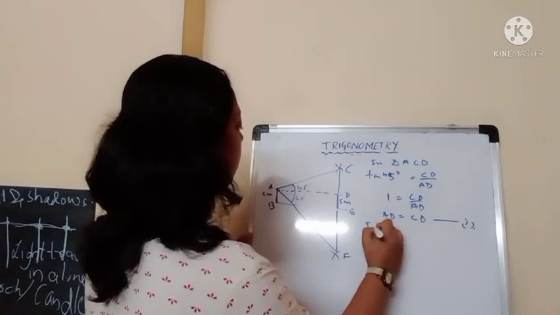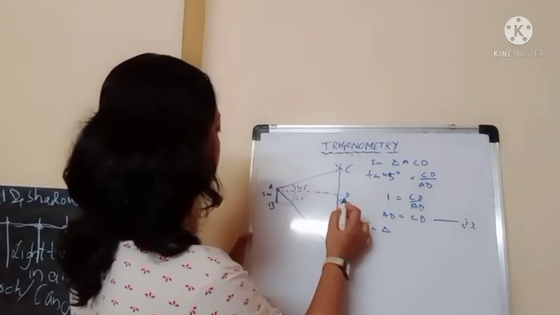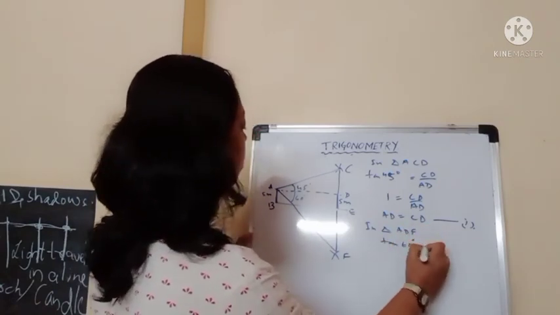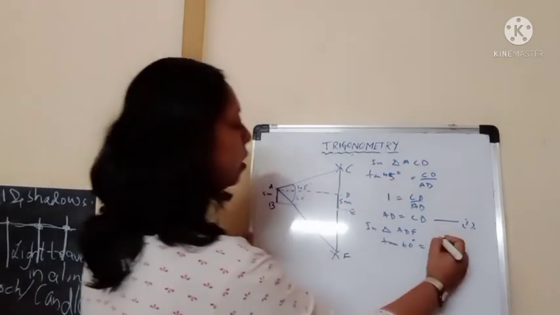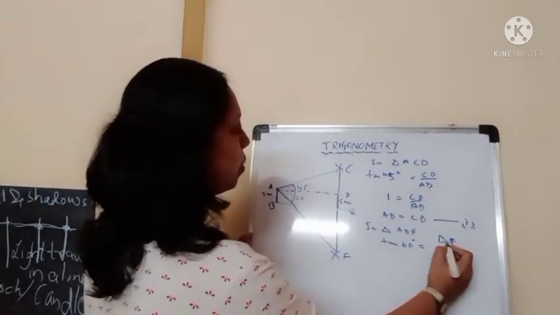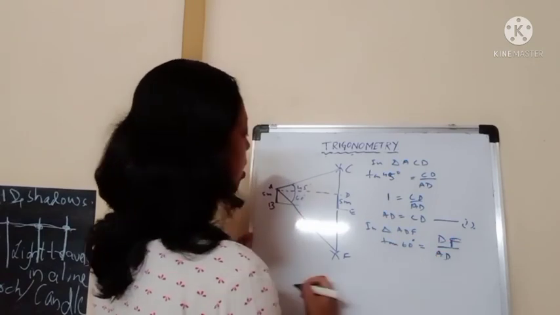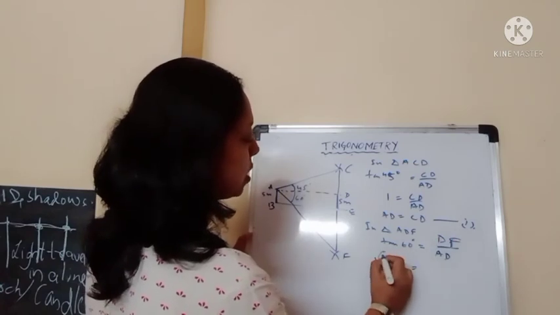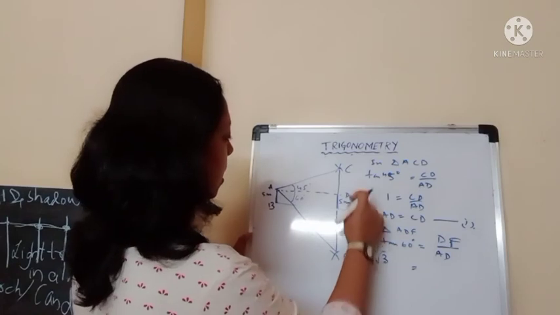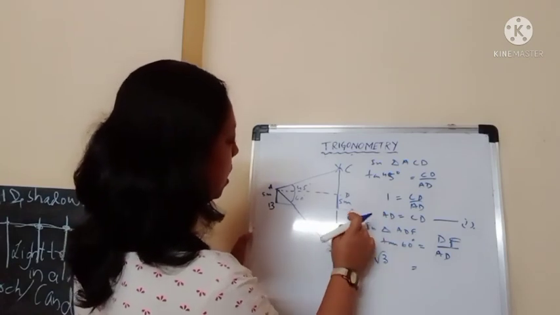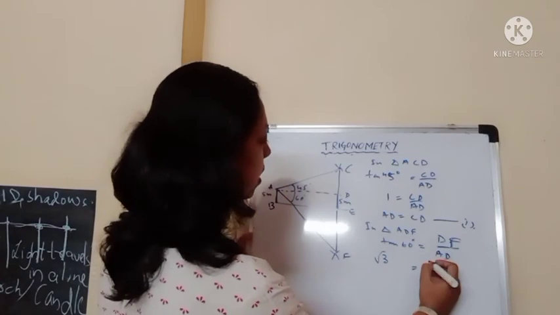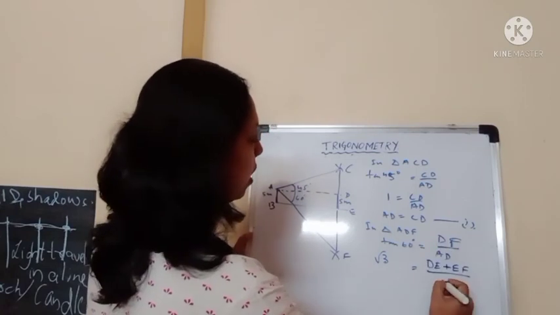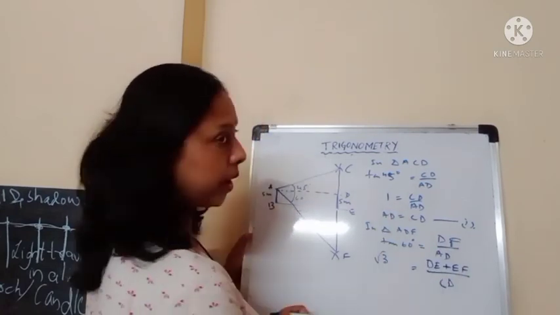Now next in triangle ADF, tan 60 degree is opposite side DF upon the adjacent side AD. Tan 60 degree is root 3. DF can be written as DE plus EF. And we have found AD is equal to CD, right?